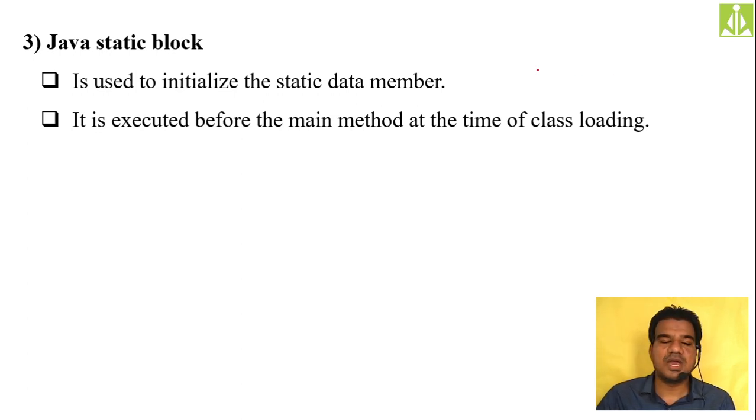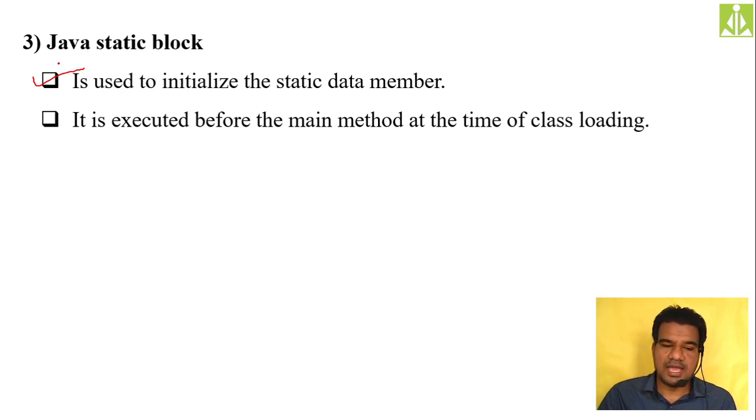So generally why we are using this static block, in the sense to initialize the static data members of your class, or the class variables. Class variables are nothing but static variables. To initialize the class variables we are using the static block inside your Java program.